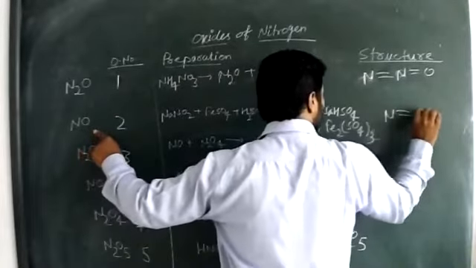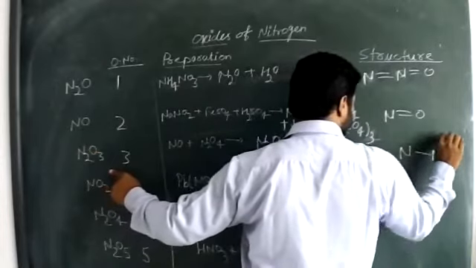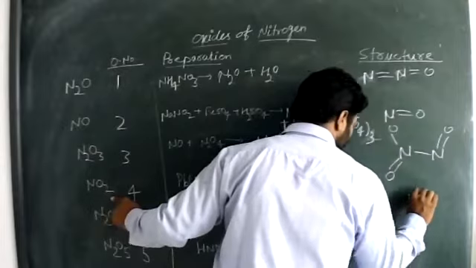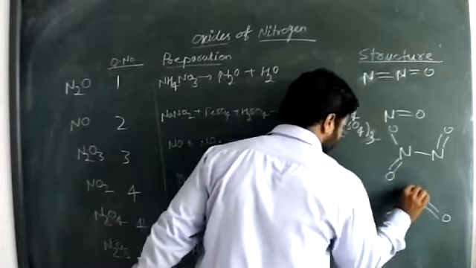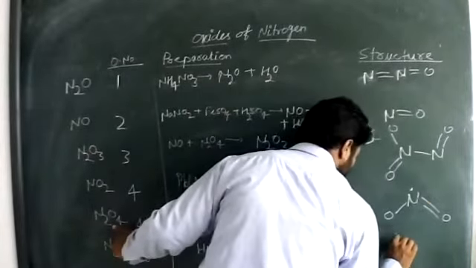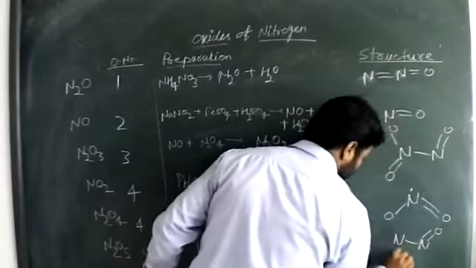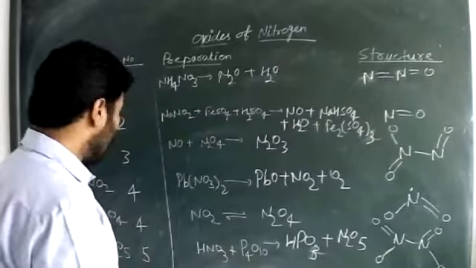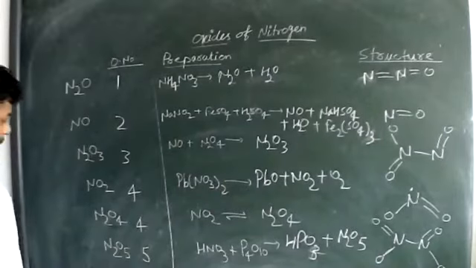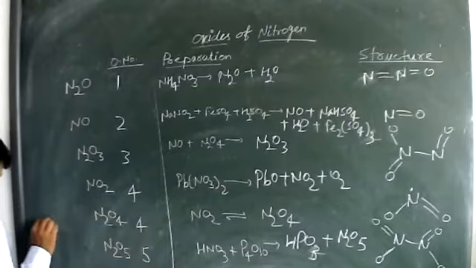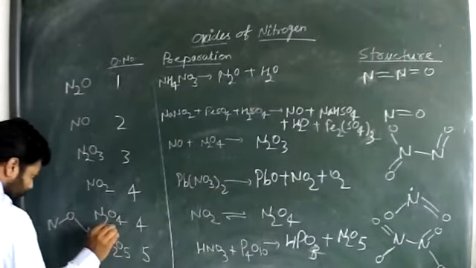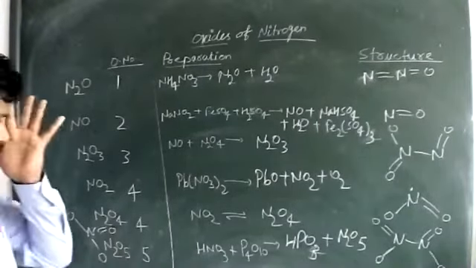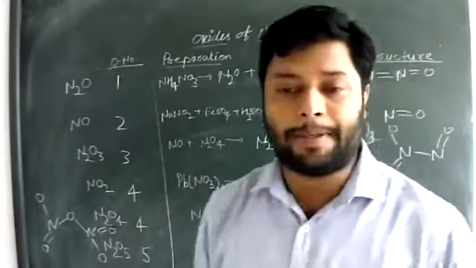N2O, then NO, N2O3, NO2, N2O4, and N2O5. These are the common structures of the different oxides of nitrogen.